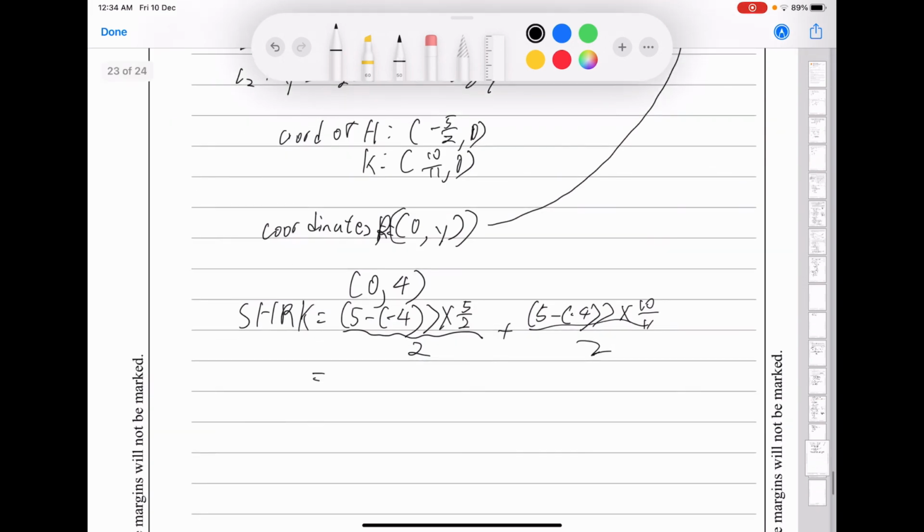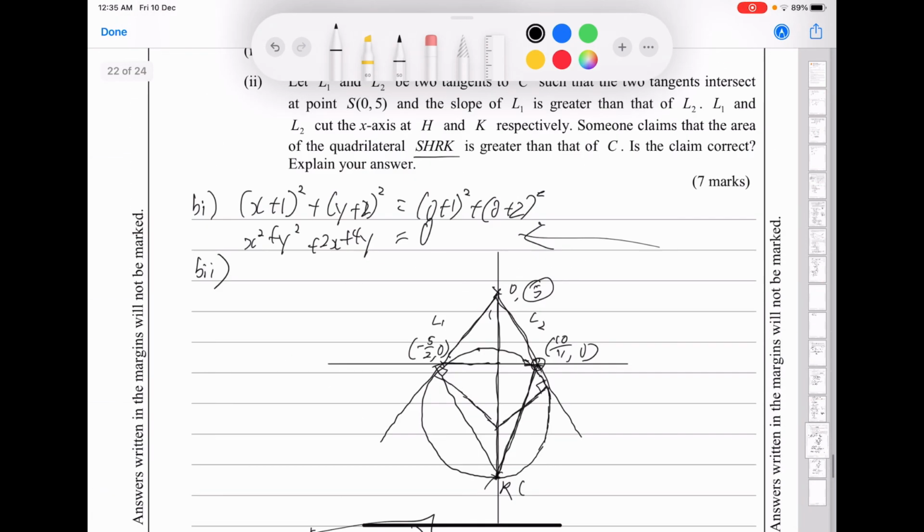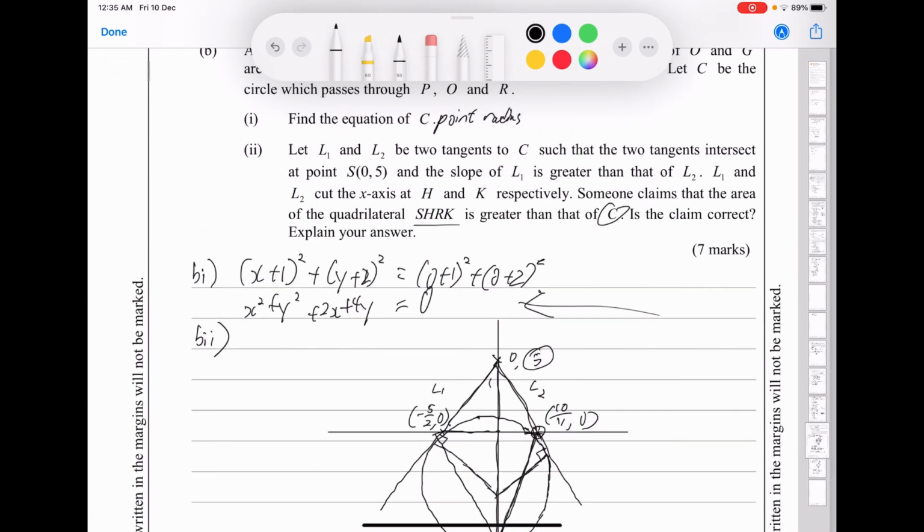At last, you'll find that the area would be 675/44, which is 15.341.